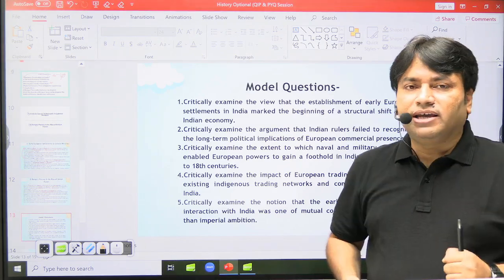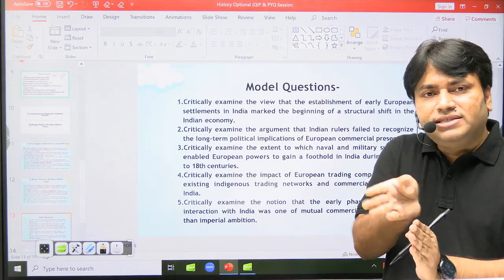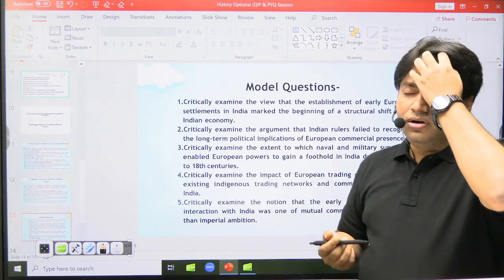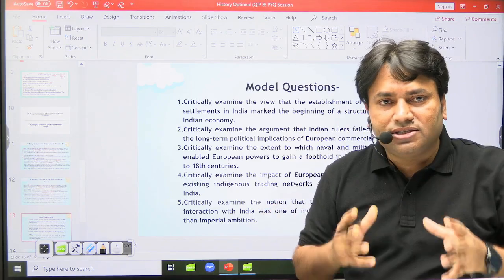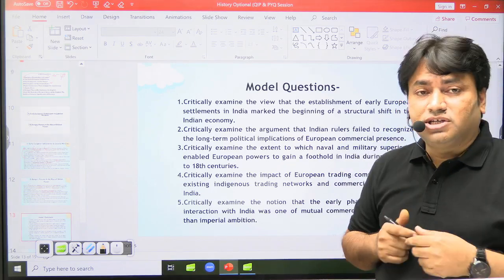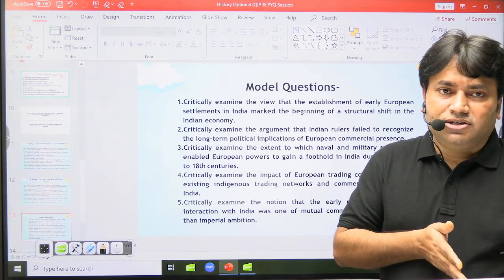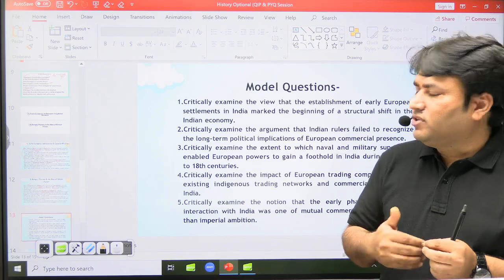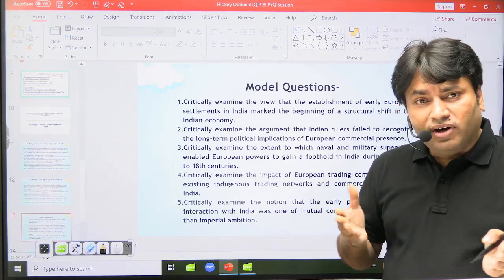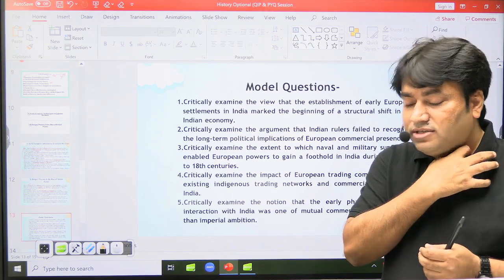Whenever I say that history optional is somewhat easier than GS, this is one reason, because in GS we need to read the things in minutest details for covering the prelims examination, but in mains you will find that the things are completely different. If you read history with a different perspective, you will find that it's not overloaded with facts, and you will be able to understand the things very easily.